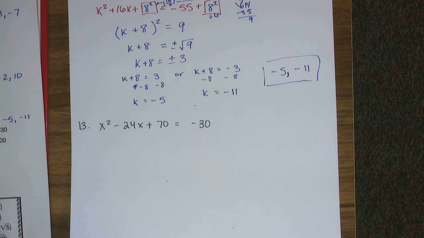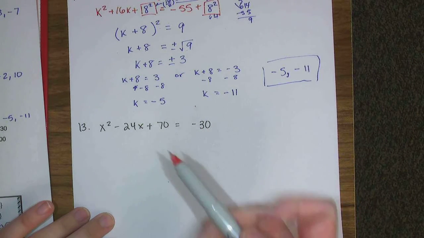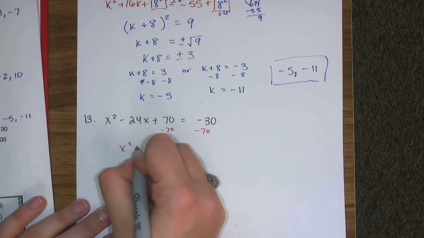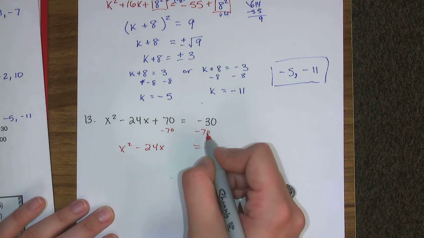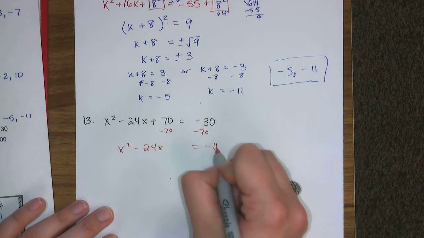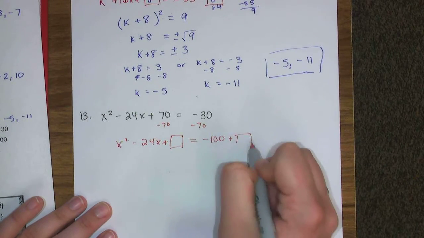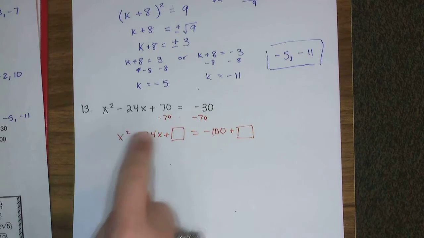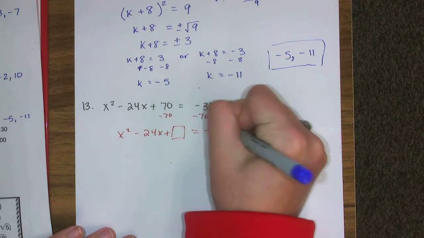X squared minus 24x is equal to negative 30 minus 70, which is negative 100. Add a box. Add a box. So what goes in the box? Half of 24, squared. So 24 over 2 squared goes in that box. 24 over 2 is 12, so 12 squared is what goes in the box.